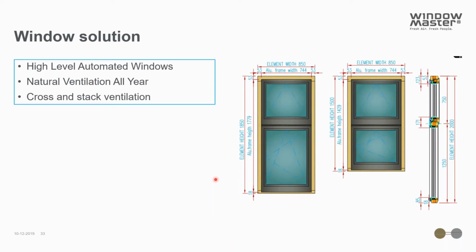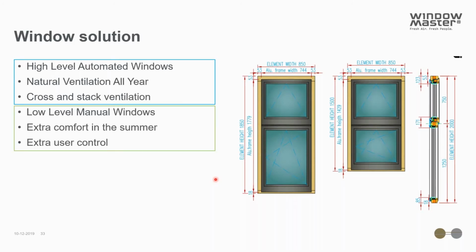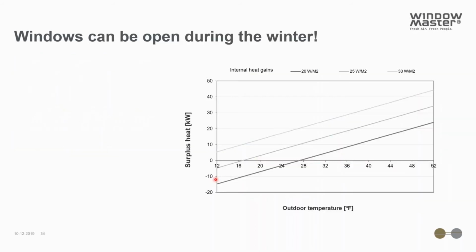And the strategy is based on cross and stack ventilation. Then they also have low-level manual windows to provide extra comfort in the summer. And of course, extra user control, as I mentioned before, is a very important tool to increase satisfaction and wellness of the users. As I just mentioned, natural ventilation is used throughout the whole year in House Zero.